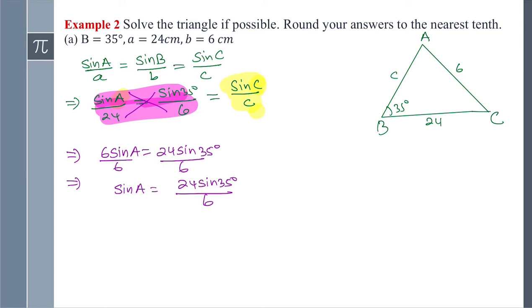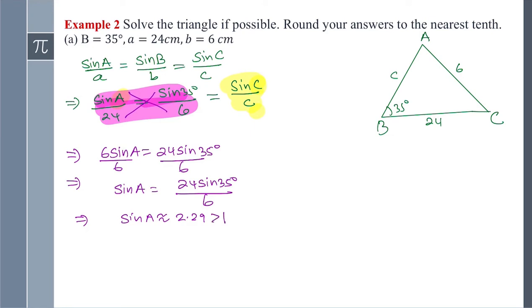Make sure your calculator is in degree mode, because the angle measure we are using here is degrees. When you put that in, you will get sine A approximately equals 2.29.